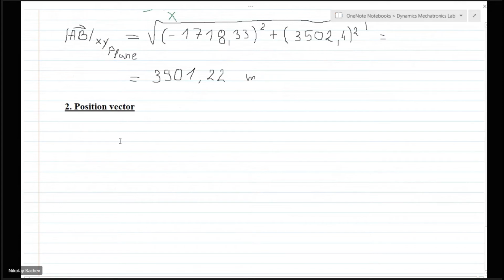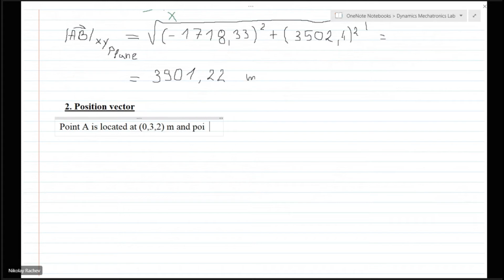Okay. Point A is located at coordinates 0, 3, 2 meters. That's the distance.